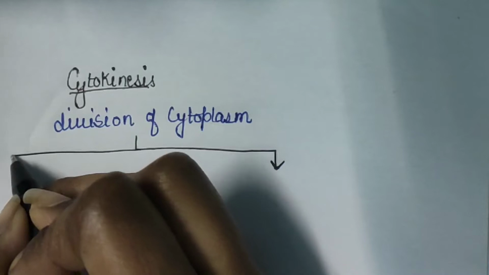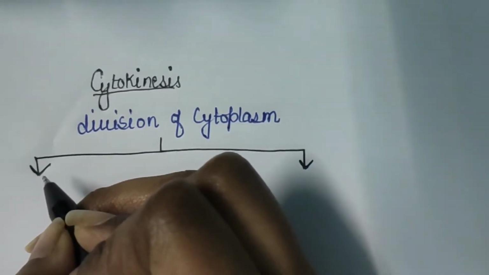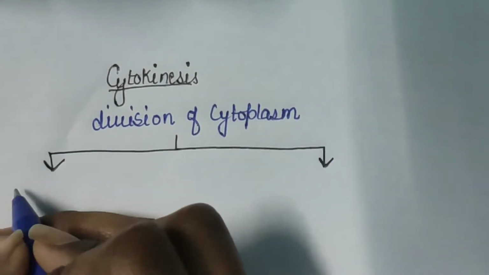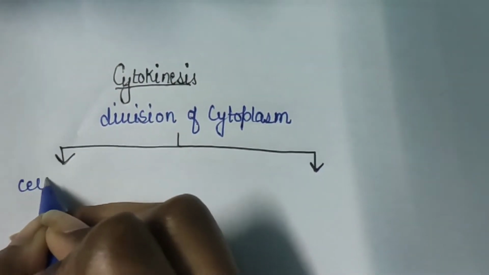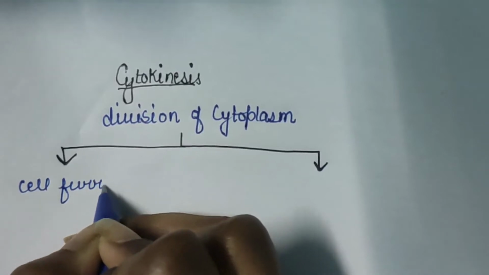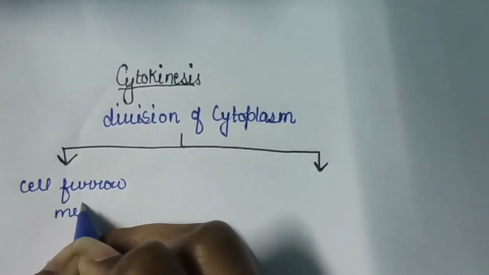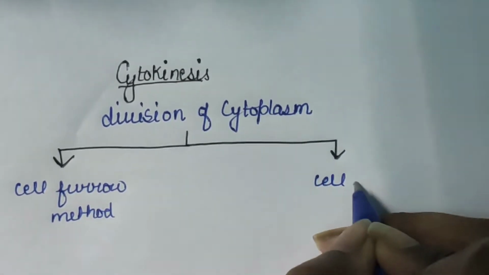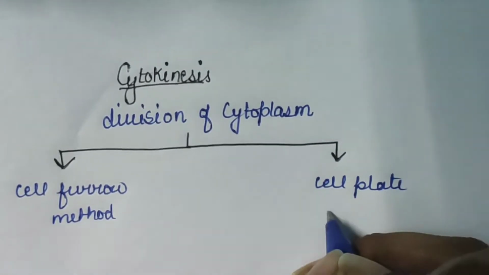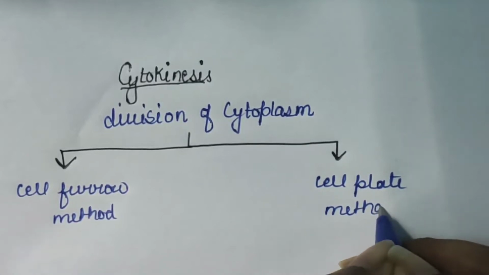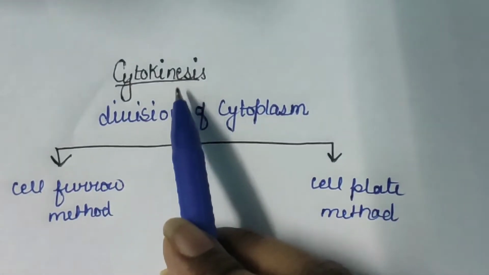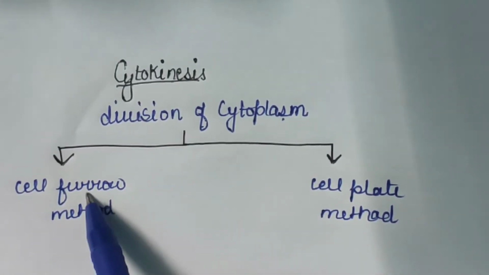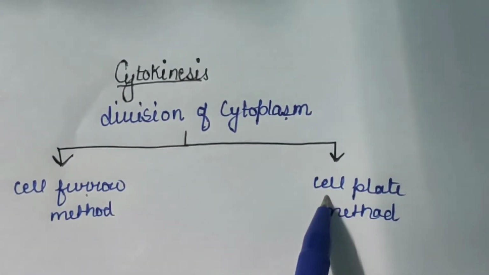The first method is called the cell furrow method, and the other one is called the cell plate method. So basically, cytokinesis, or the division of cytoplasm, occurs either by the cell furrow method or by the cell plate method.